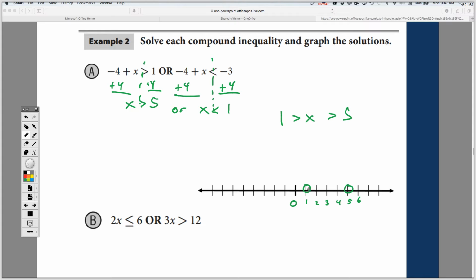For 1, do I point to the right or left? Are you looking at this one? For 1, think of an arrow. Which way does this point? To the right or left?